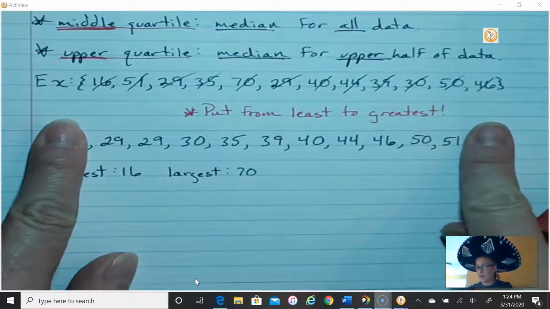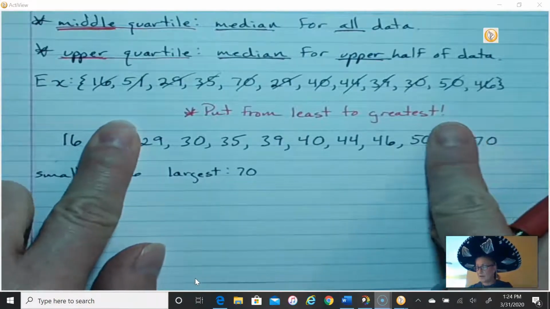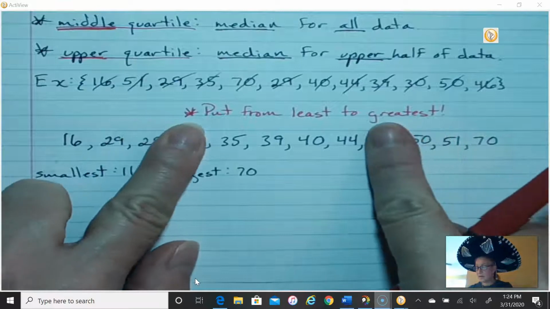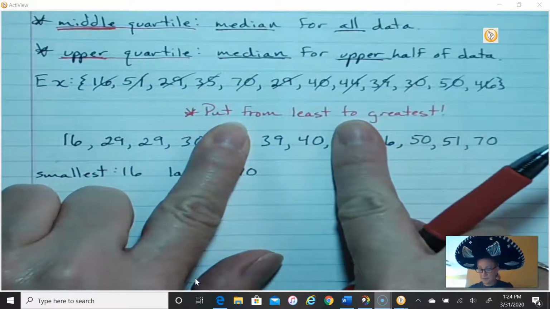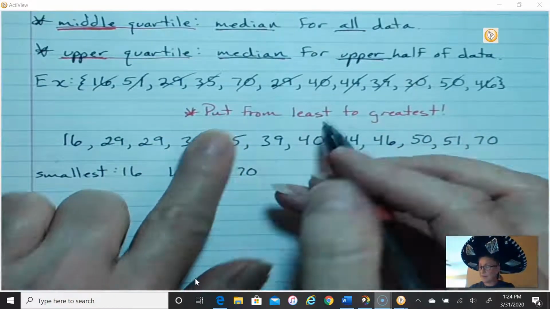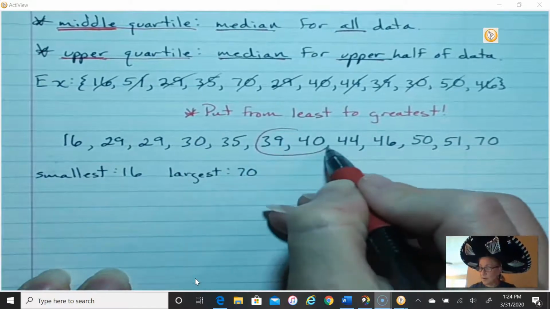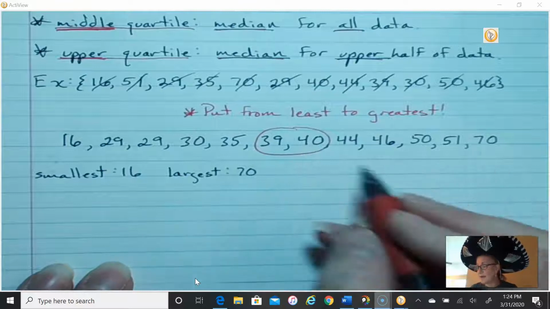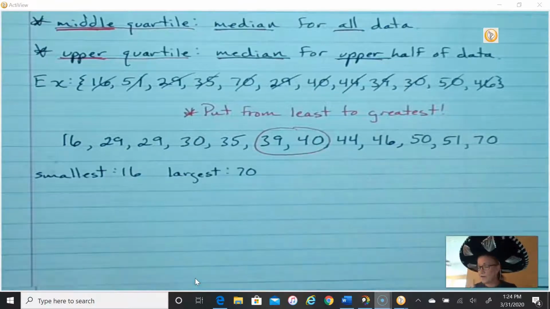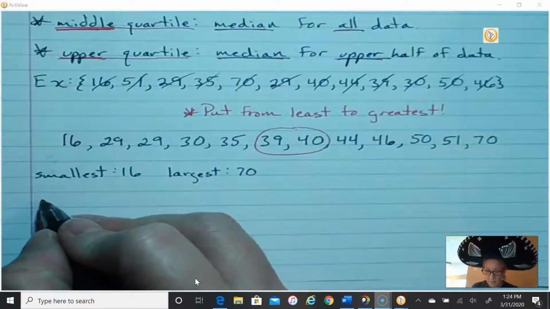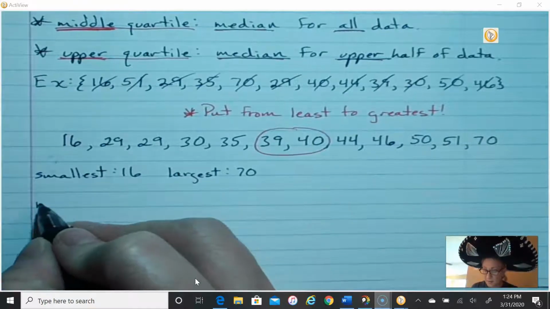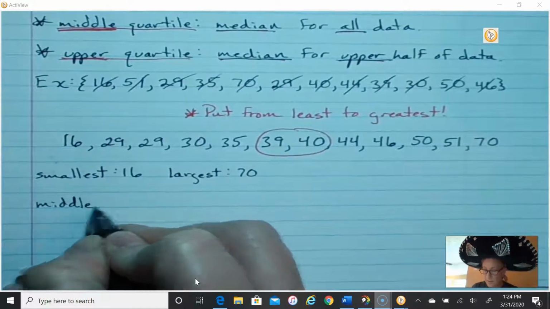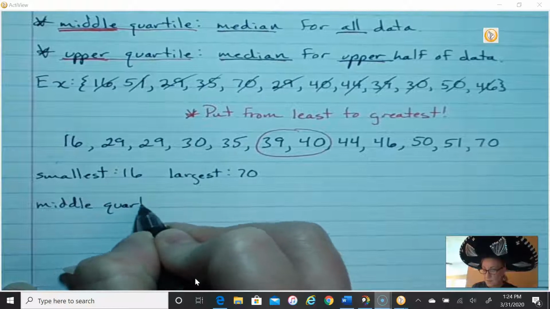So I'm going to start moving in. I've covered the last ones. And these two, these two, these two, and these two. Okay, so these 2 are your middle numbers. We're looking for the middle quartile.